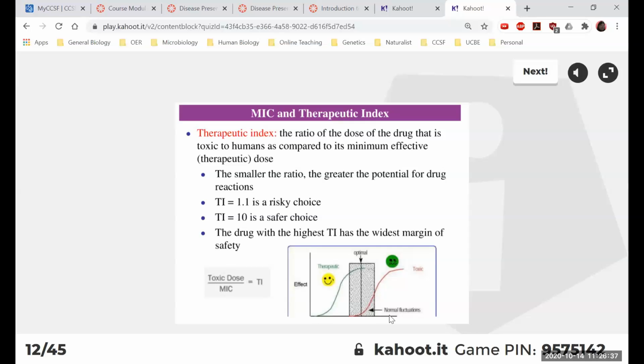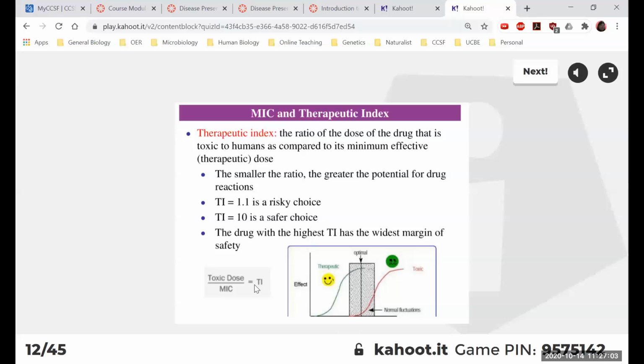If you look at this curve, here is the therapeutic dose, and here is the toxic dose. If the two curves are very far apart from each other, let's say penicillin: 10 milligram is very effective in killing bacteria, and if you take 100 milligram, you can see some side effect.